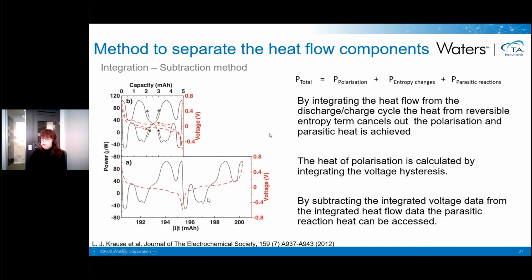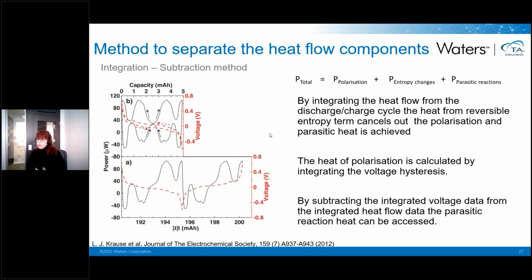So if we do a full cycle, in this case the curve is flipped over from the lower voltage here, and we integrate the area under the curves. The entropy changes will cancel out because they are reversible on discharge and charge. Then we are left with the polarization heat and the parasitic heat. If the voltage is measured simultaneously, the voltage hysteresis can also be integrated, and that's the heat of polarization.